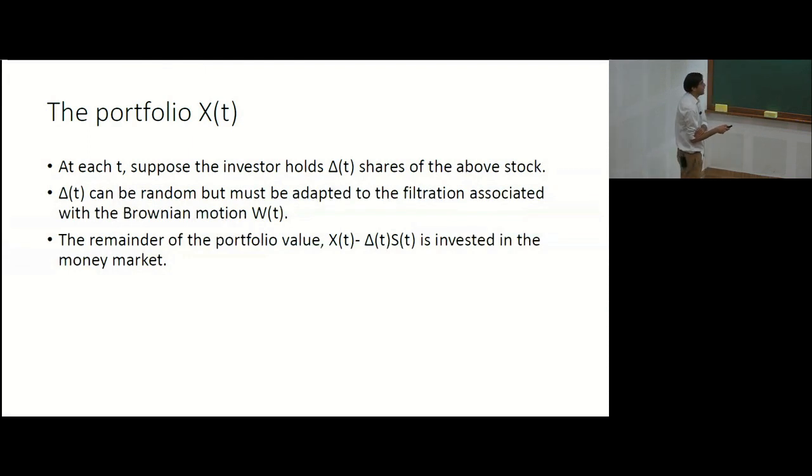And the amount of money that you have invested in the money market would then be Xt minus delta t St. This was the total cash you had, of which you put this in the stocks, and Xt minus delta t St is what you have been left with, and this is now in a bank process, right? So in a bank, how would this change with time?